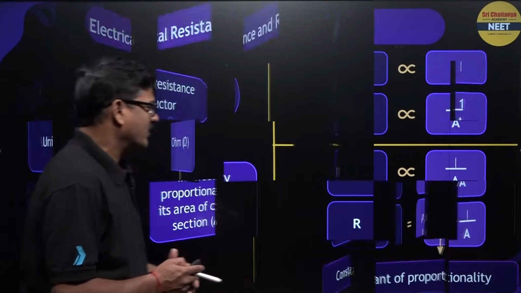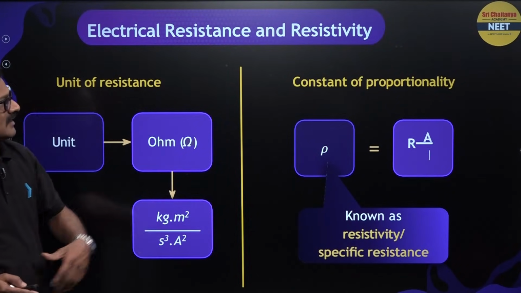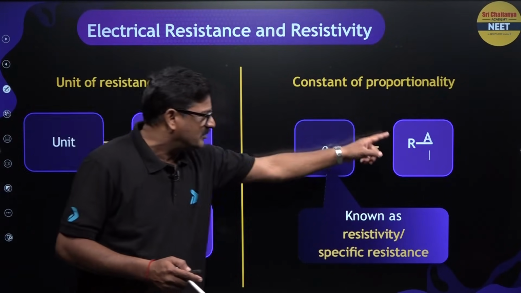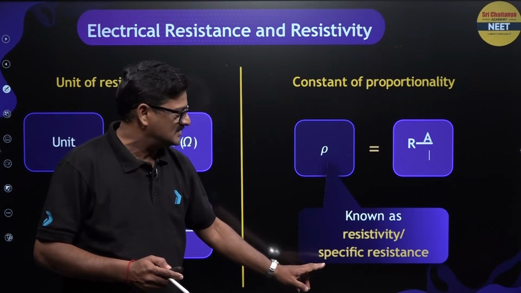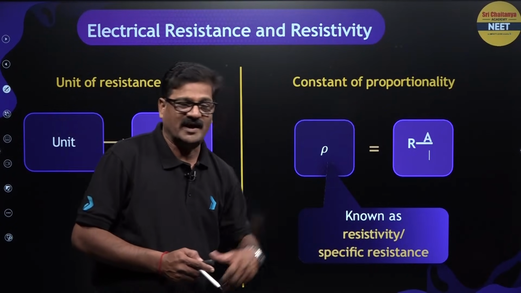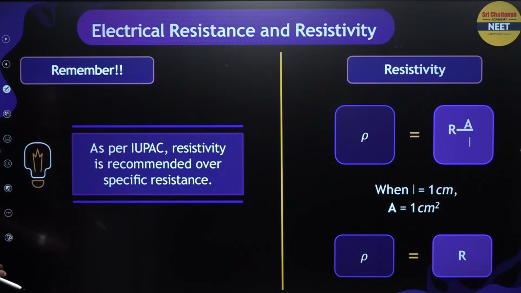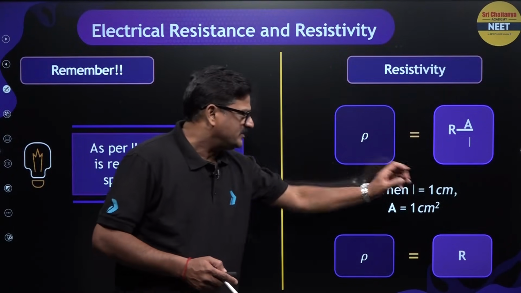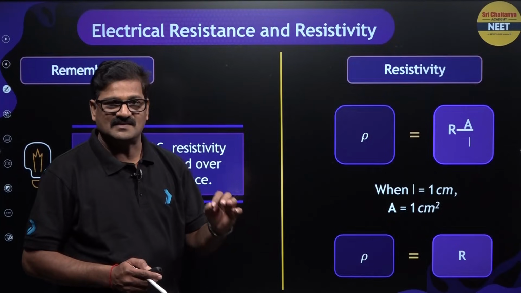The unit of resistance is the ohm, and the constant of proportionality, RA by L, is known as resistivity or specific resistance. Taking the dimension here, it is ohm centimeter square by centimeter. When L is equal to 1 centimeter and A is equal to 1 centimeter square, that is called specific resistivity.